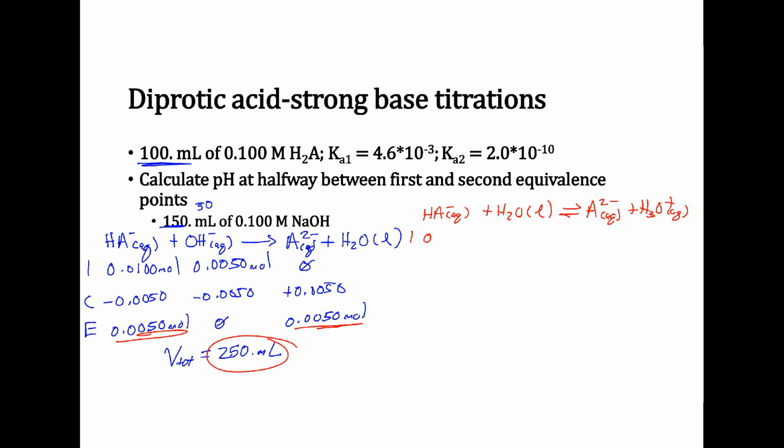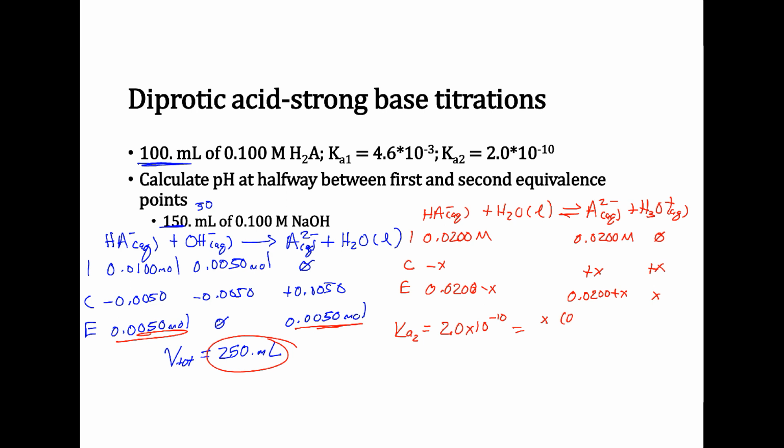So we have 0.0200 molar. We have minus X, plus X, plus X. Okay, so we can plug in with Ka2, which we know is 2.0 times 10 to the negative 10th.